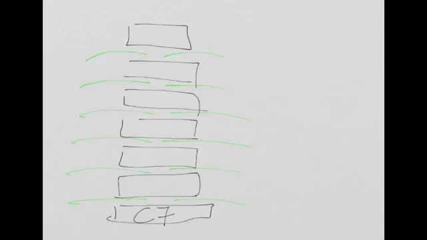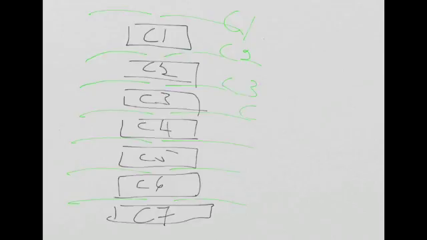So if we look at this set of vertebrae, C1, 2, 3, 4, 5, 6, and 7, and we have the nerves here. C1 would cross above the C1 vertebra, C2 spinal nerve above C2, and so on. C3, C4, 5, 6, and 7.